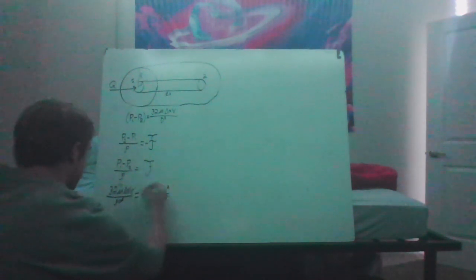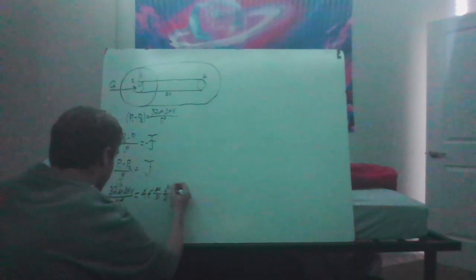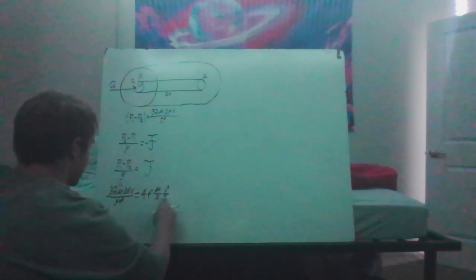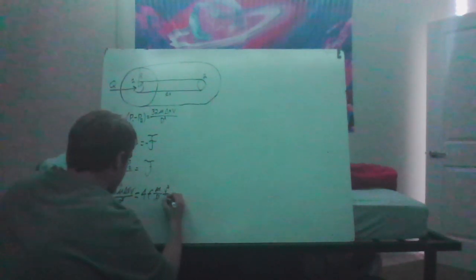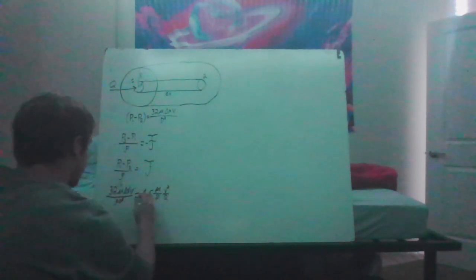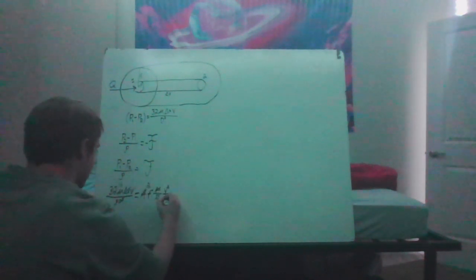This v will cancel one of those v's. Or excuse me, this 2 will cancel with this 4 first and make this a 2. And then that 2 will cancel with that 32 and make it 16.